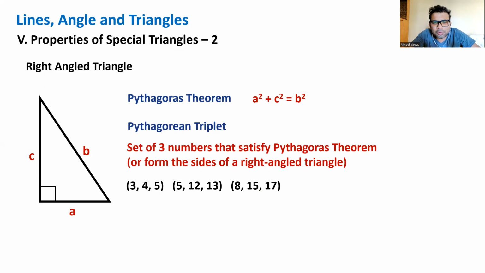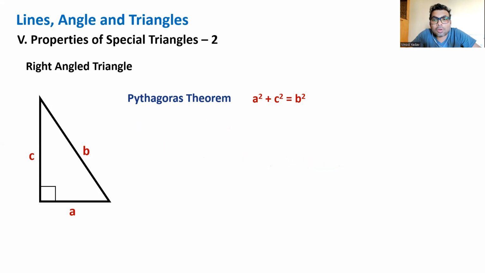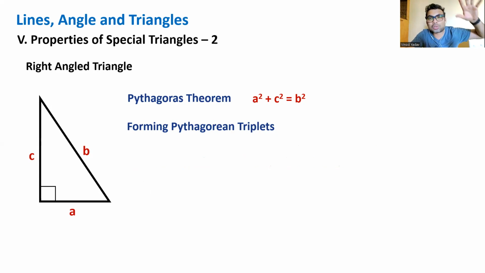For example, 3, 4, 5, 5, 12, 13, 8, 15, 17. These are the triplets, right? Now, how do we derive a triplet? Very important. If you want to save your time, I'll show you in the questions how we smartly use Pythagoras triplets and avoid that squaring, square rooting, all those things.